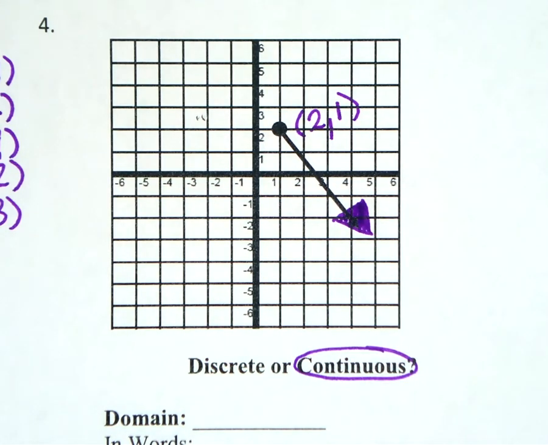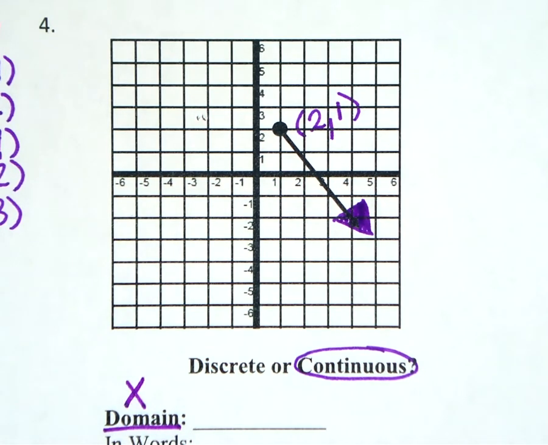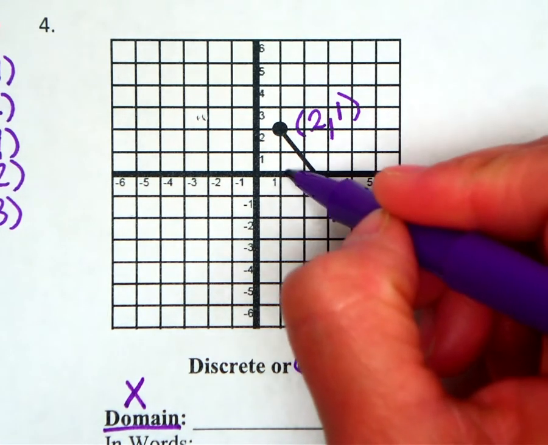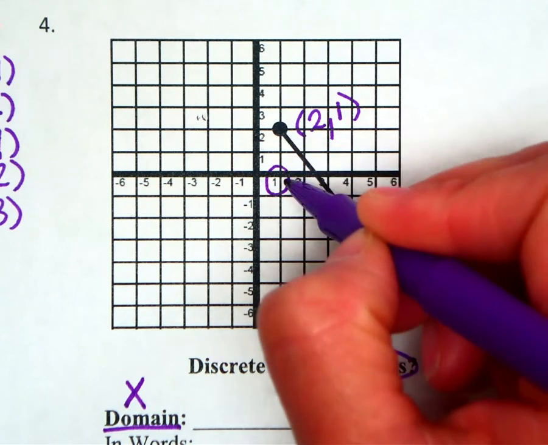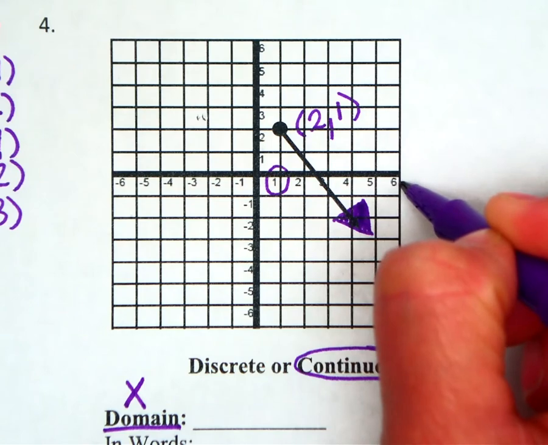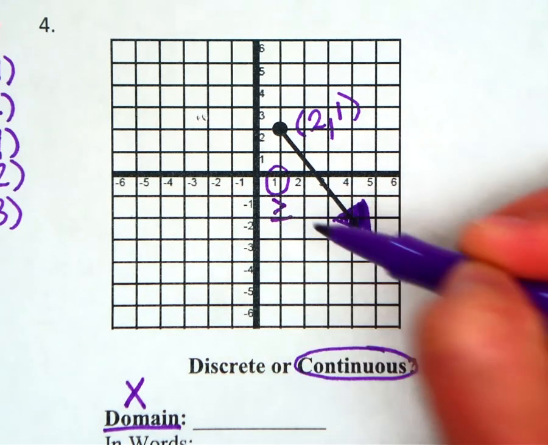Well, all of the numbers are going to be represented by X for the domain. When I'm looking at the domain, at +1, I have a closed circle, and I'm including all of the numbers to the right of +1. Well, all the numbers to the right of +1 are greater than or equal to.